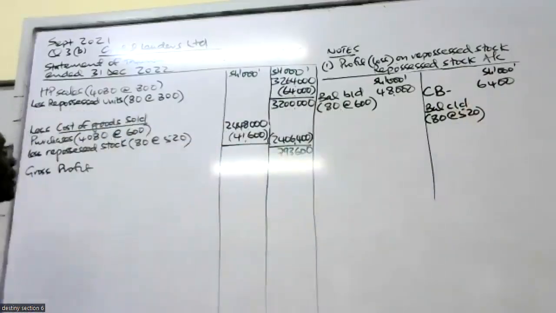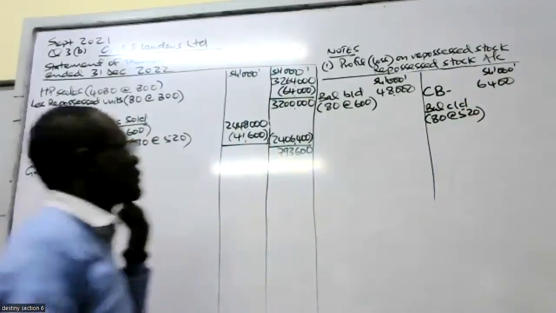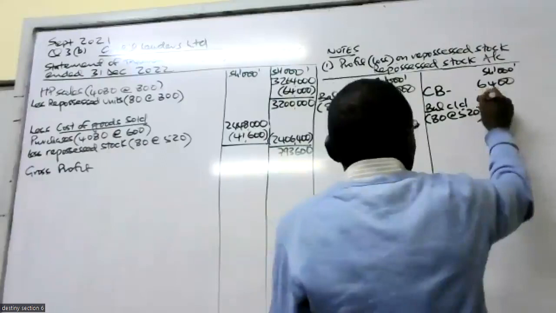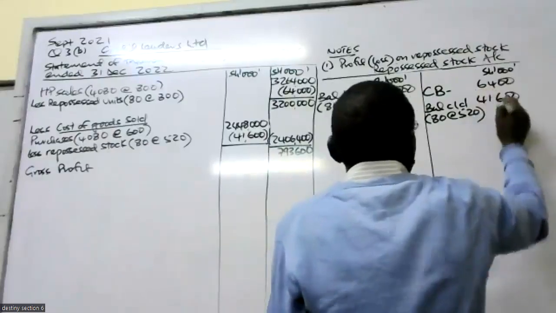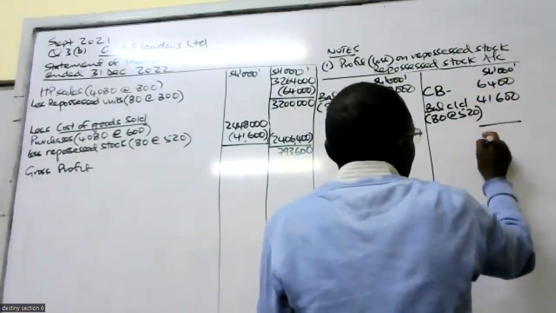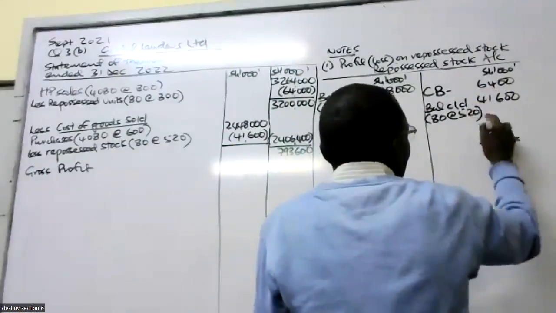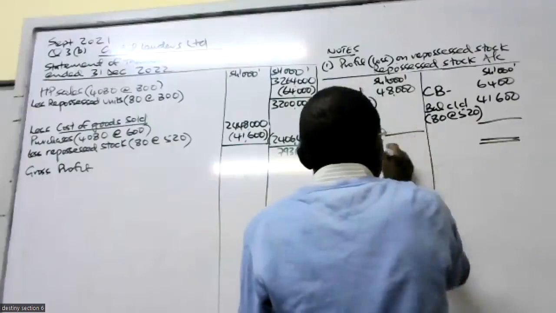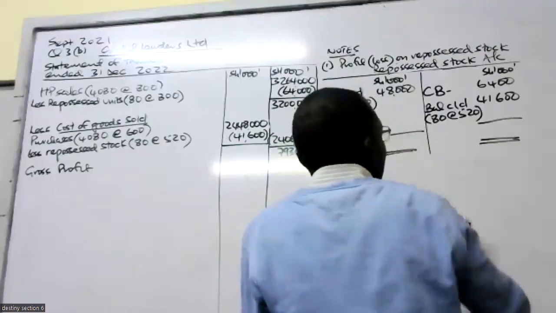The stock was valued at 520, which gave us 41,600. So the account balances; the company has not lost anything, neither have they made any profit.